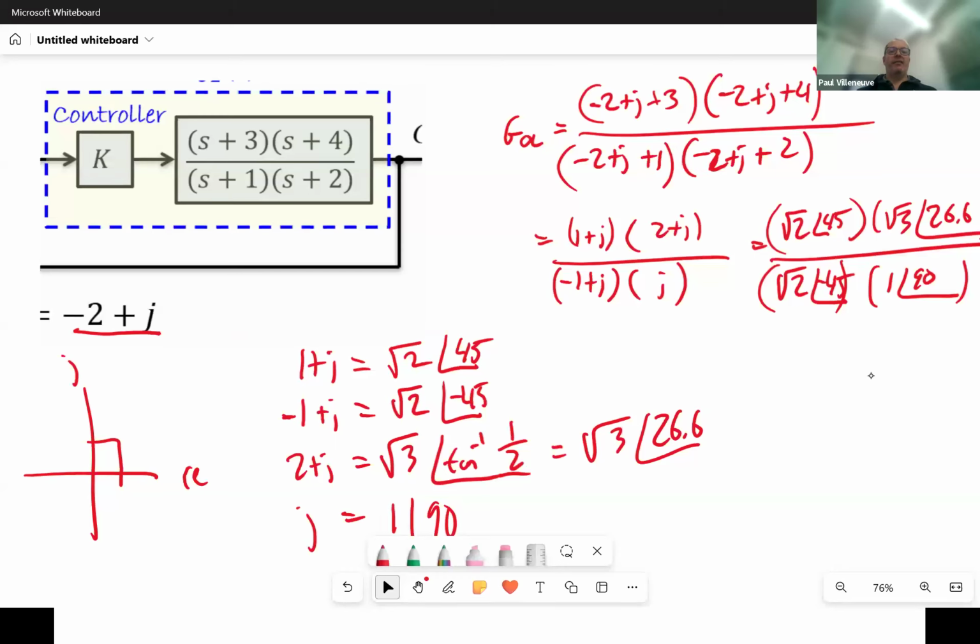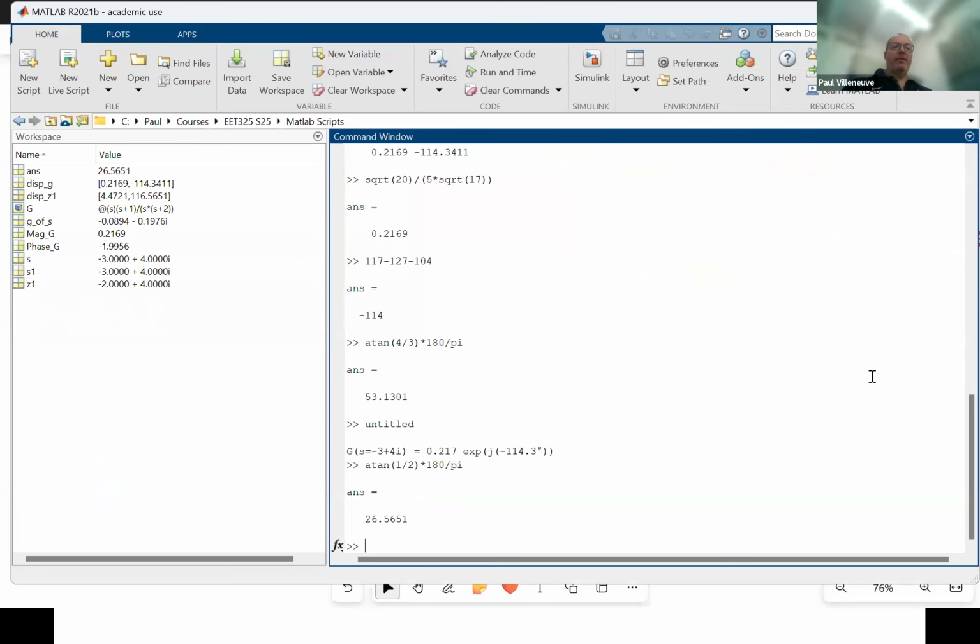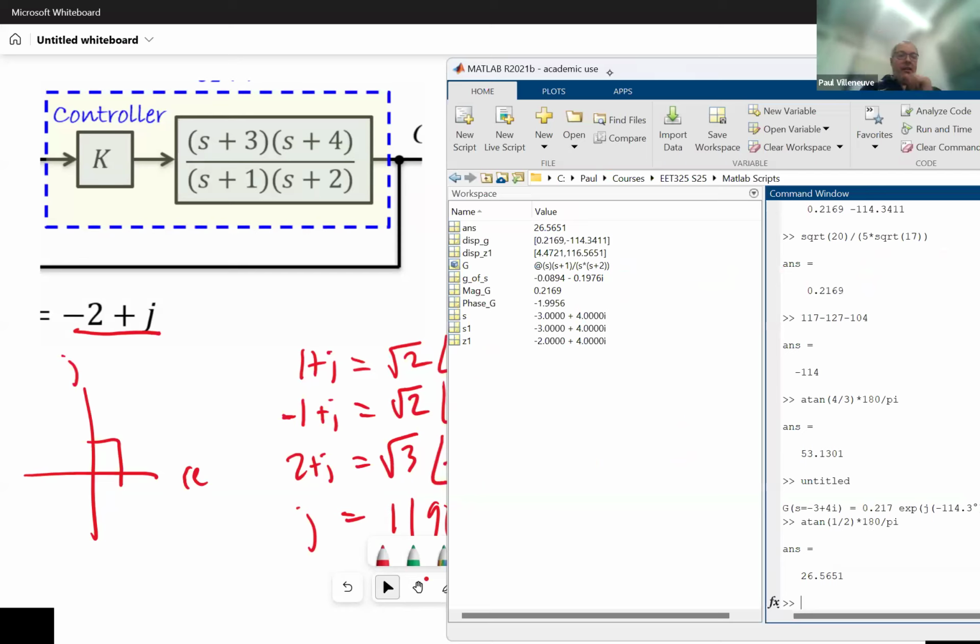Let's check it in MATLAB. All right. Let's see if we can move it over here. So we're going to say S equals -2 plus J1.